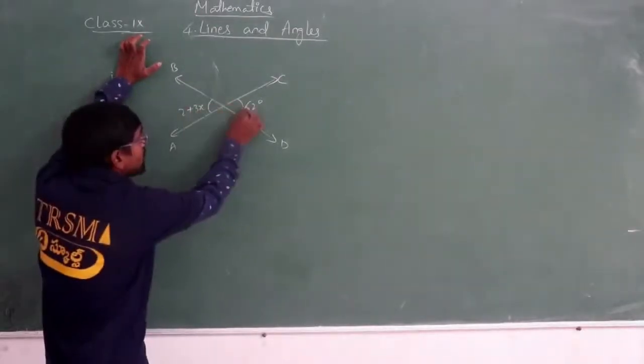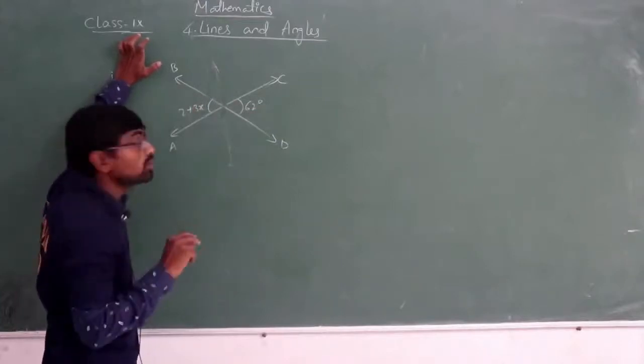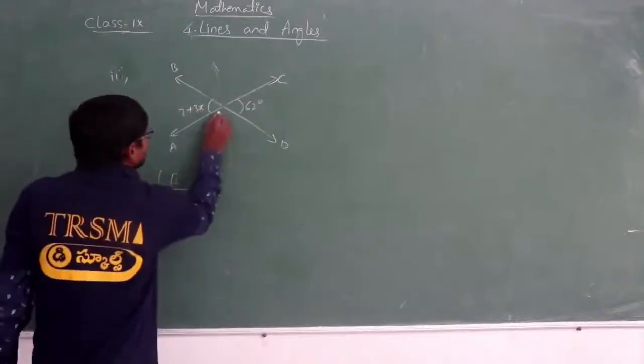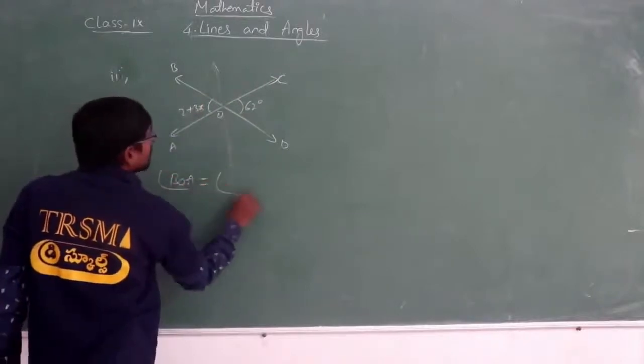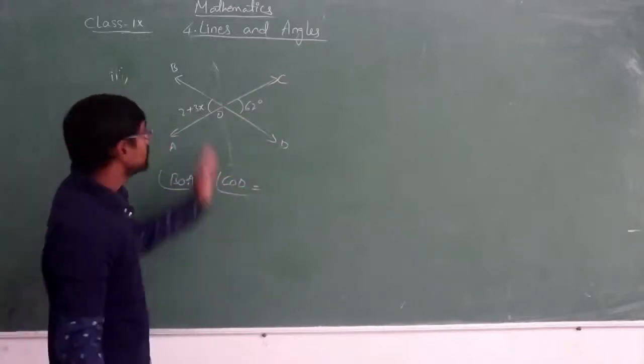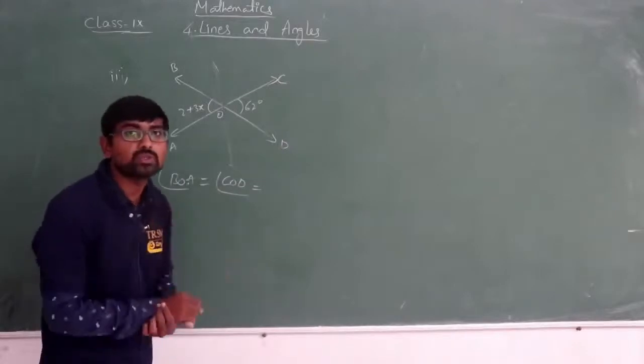If I keep a mirror here, it will become vertically opposite angles, and you also know that vertically opposite angles are always equal. Angle BOA is equal to angle COD, isn't it? These both angles are equal. Why are they equal? Because they are vertically opposite to each other.